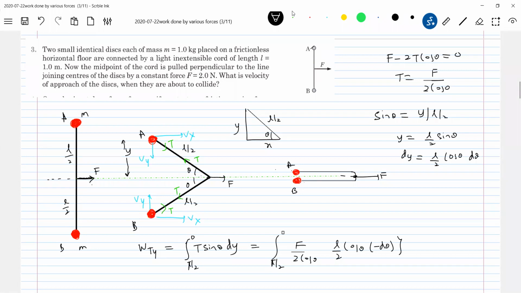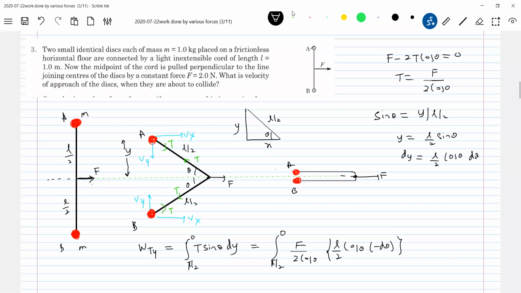This is very important. Sir, how do we come to know? Look at this: theta goes from 90 to 0, so already you have taken care. These are some mathematical things. You solve the problem and somewhere you'll end up with the answer.